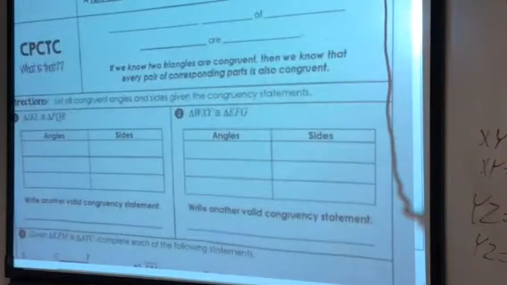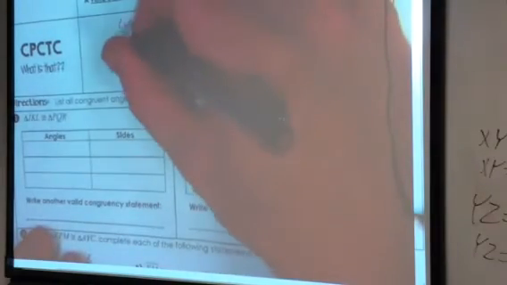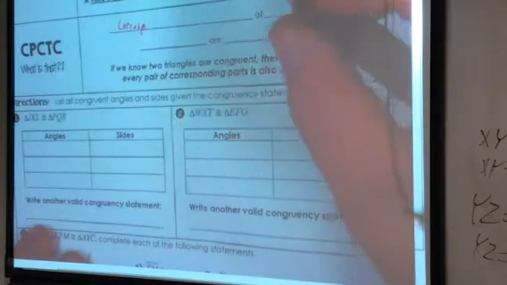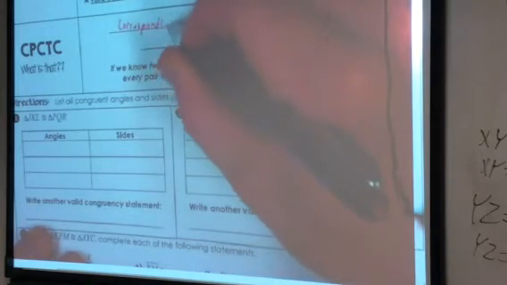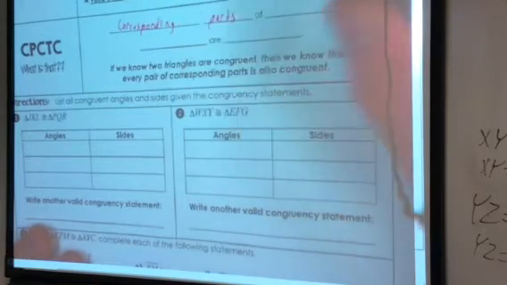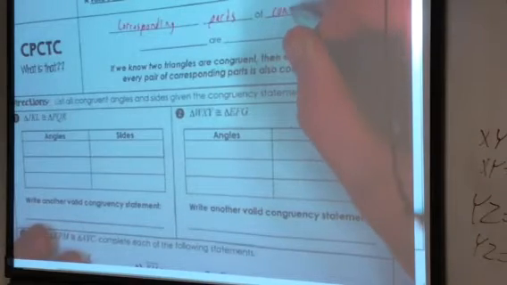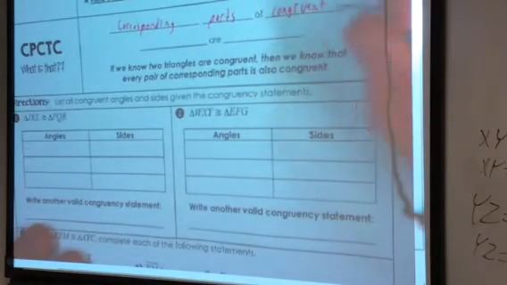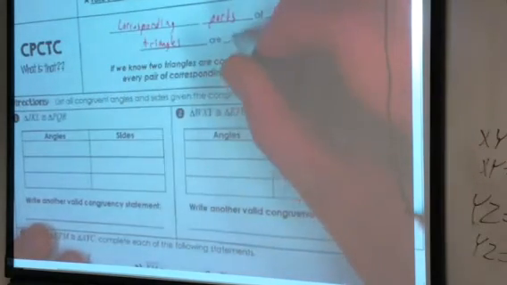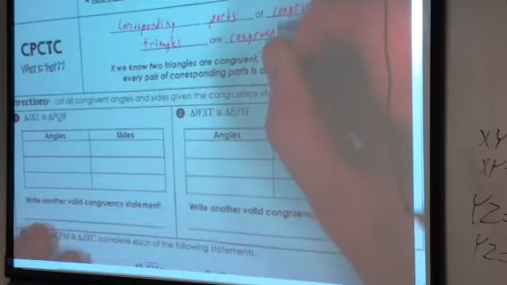This next part, the CPCTC, is really just common sense, but we're going to write it out so that you remember it. All that stands for is corresponding parts of congruent triangles are congruent.